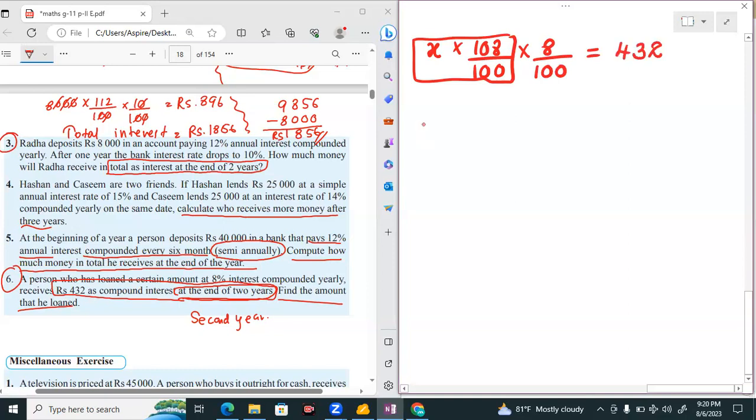Then X equals, take all the numerator values to the denominator and denominator values to the numerator.